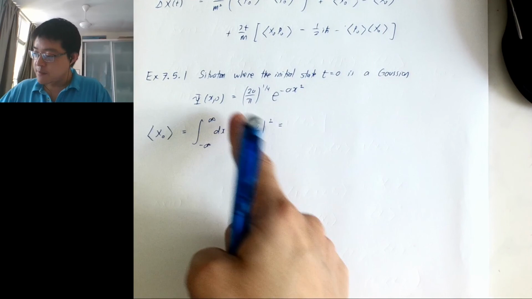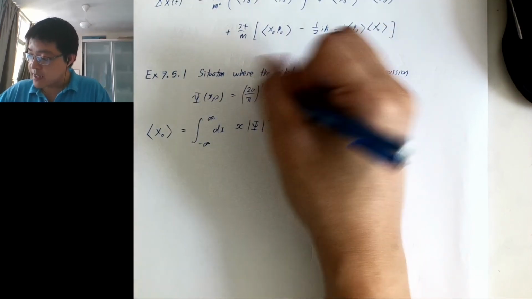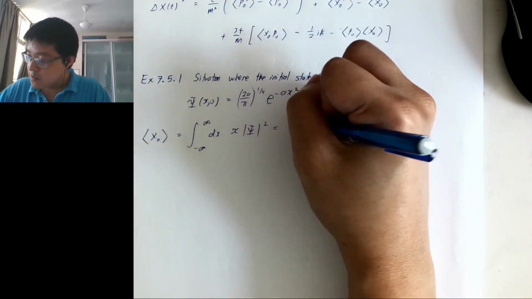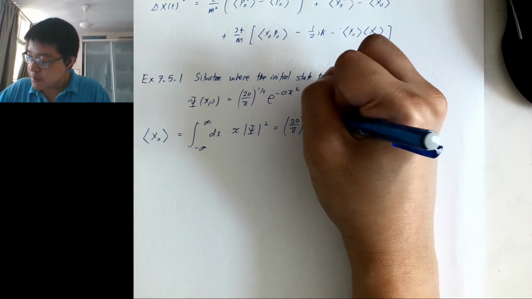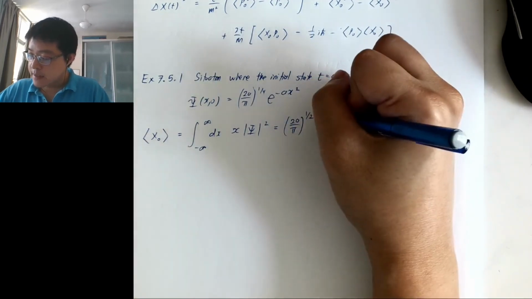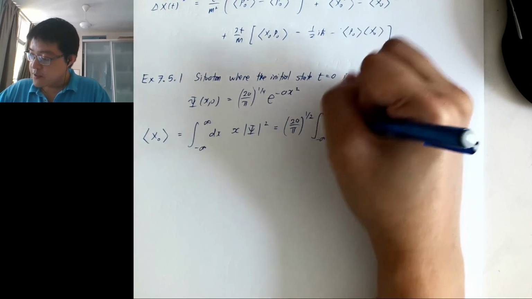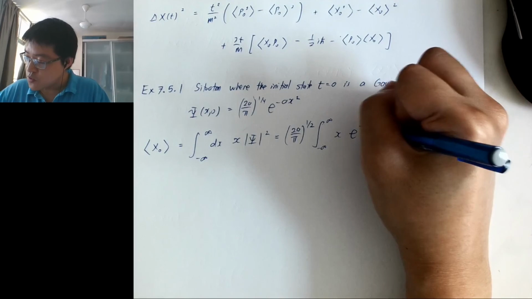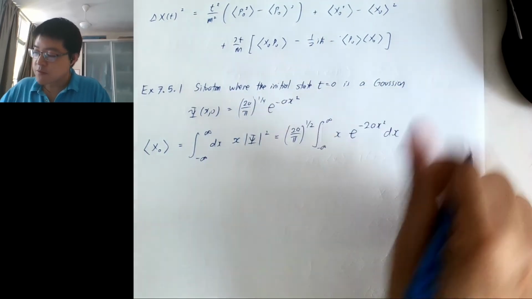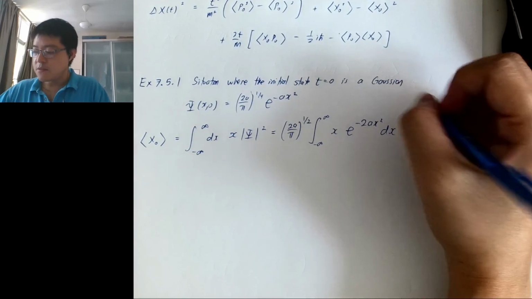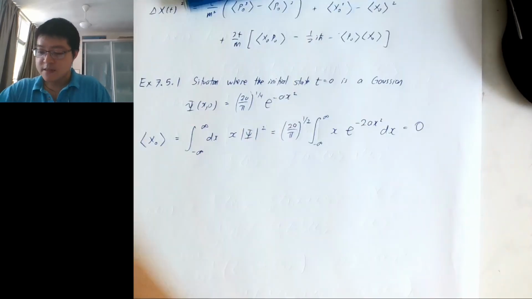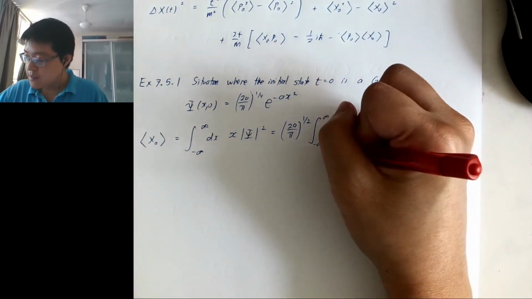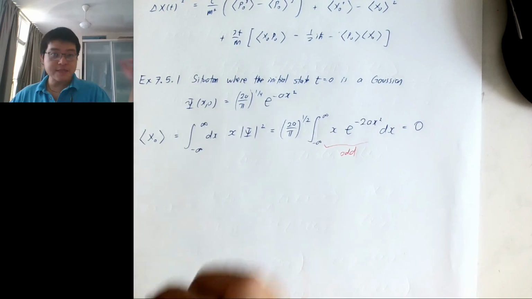My wave function is this, and everything here is real, so the square of this gives me a factor of 1/2 in the exponent. Then this becomes the integral from minus infinity to infinity of x e to the minus 2ax squared, integrated with respect to dx. But when you look at this, you don't need to integrate. The answer is 0 because this is an odd function. When you have an odd function and you integrate, you get 0. Okay, so this part is settled.